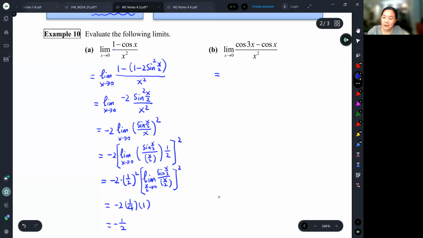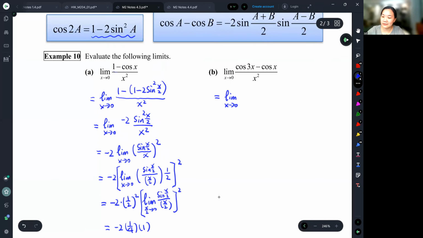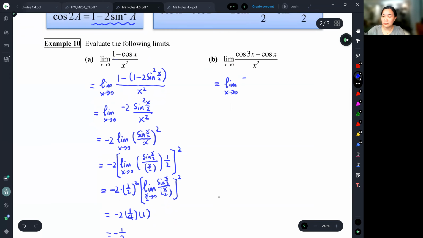Next one is sum to product. You don't have a choice. You have to use sum to product. This one is negative sign, -2 sine a plus b divided by 2, a minus b divided by 2.